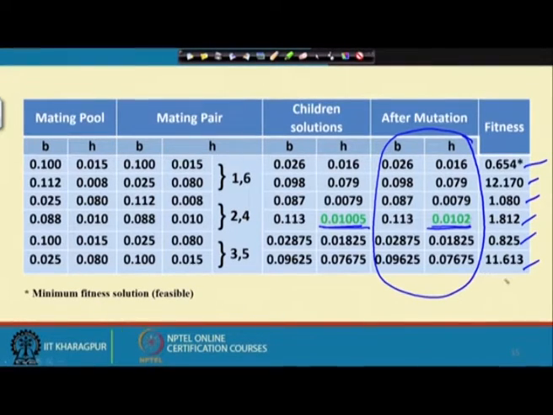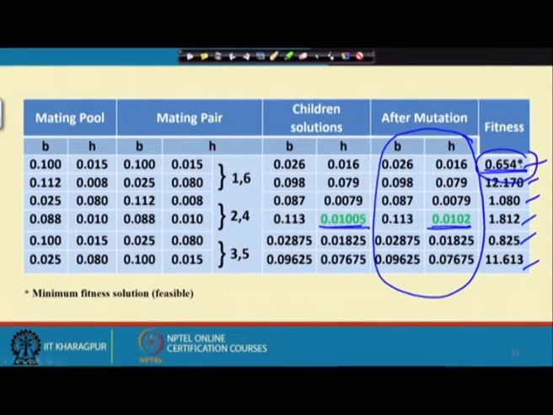Now, if I compare these fitness values, this is found to be the minimum, and this is a minimization problem, that means this is going to give the best solution after the first generation of the GA is over.